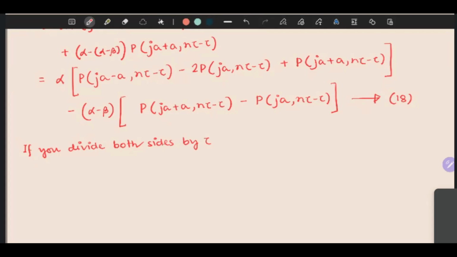and multiply first term on the right hand side with a square and second term by a, such that, so let's do this thing.